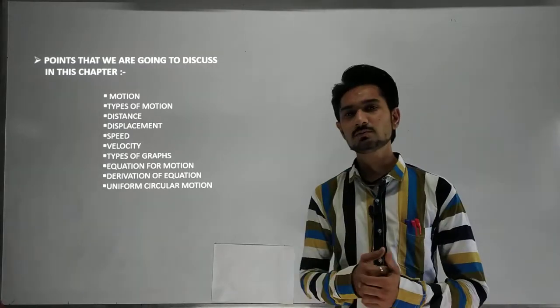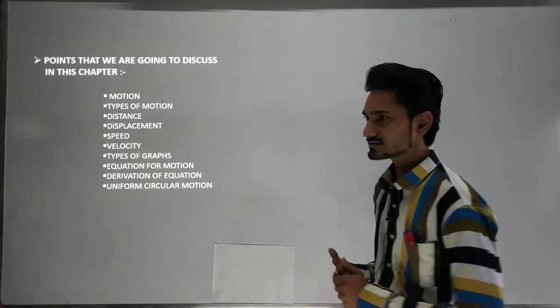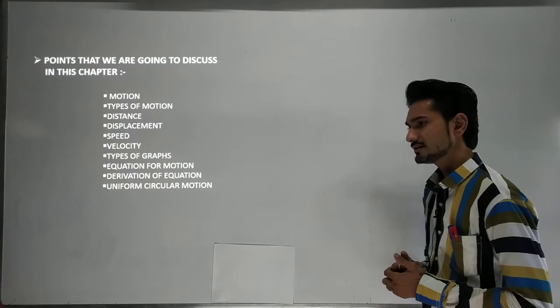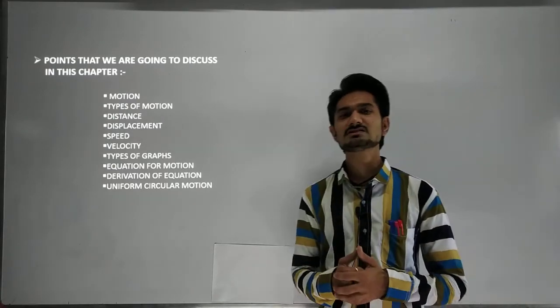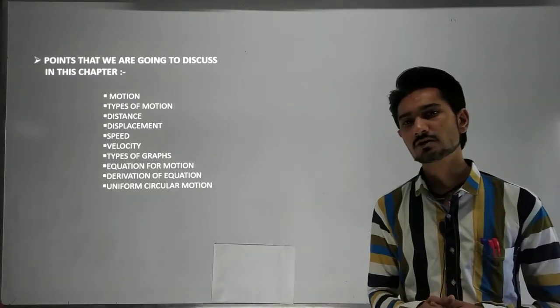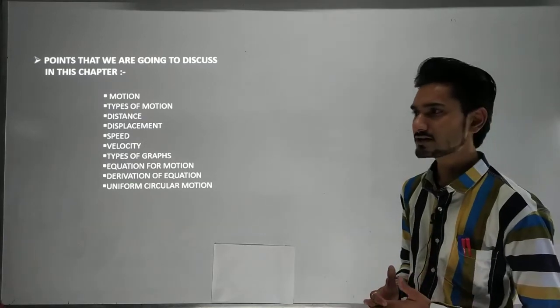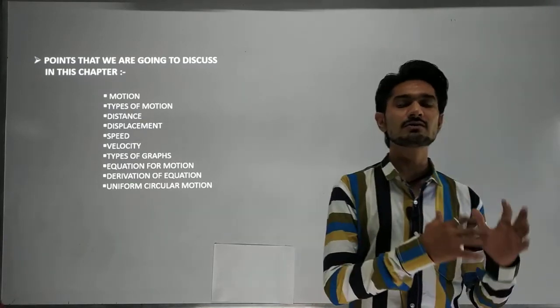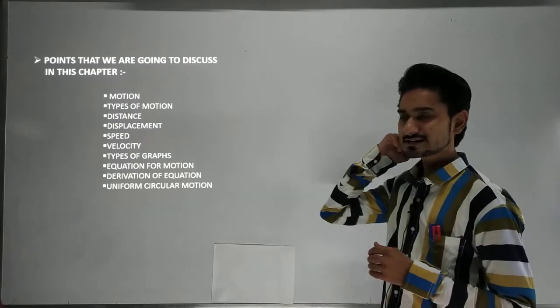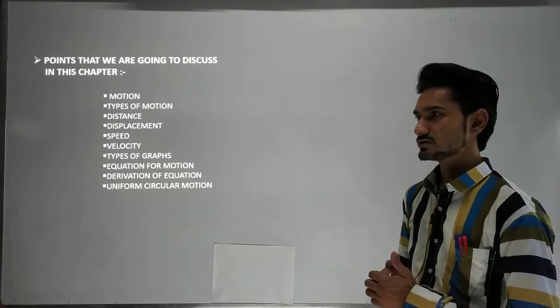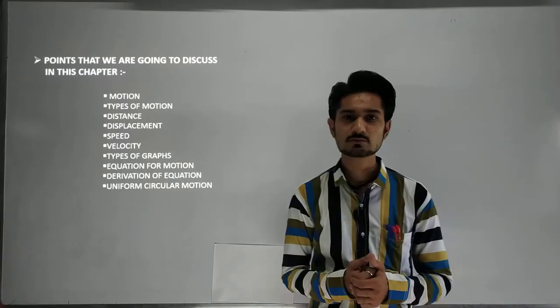In uniform motion, an equal amount of distance is covered in an equal amount of time, while in non-uniform motion, a non-equal amount of distance is covered in a non-equal amount of time. So we have seen that in the types of motion.